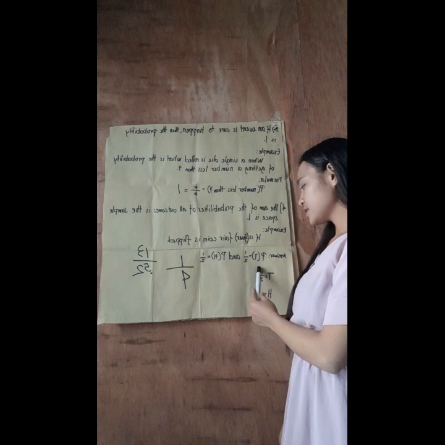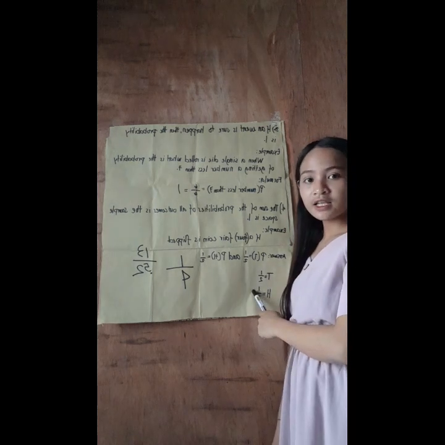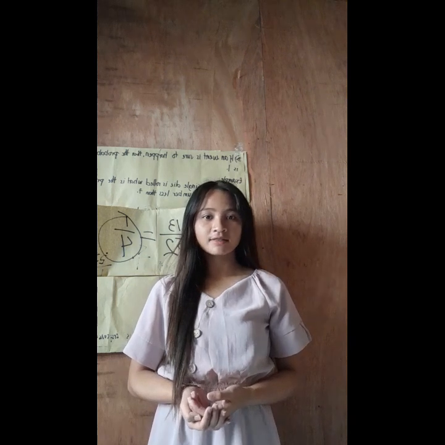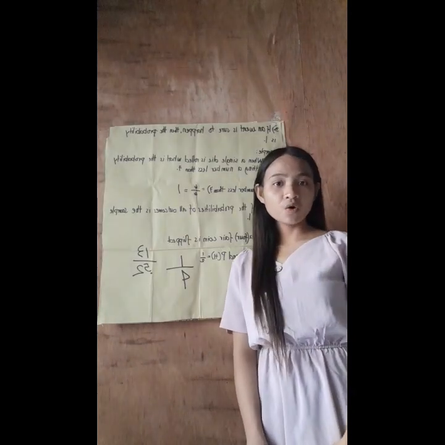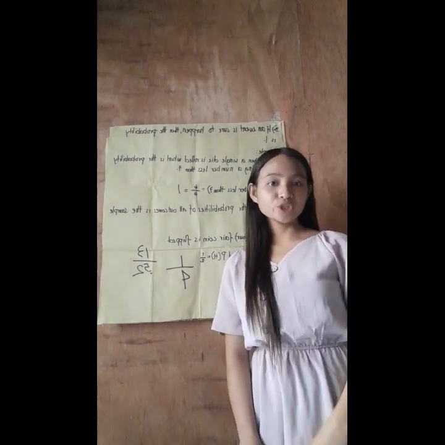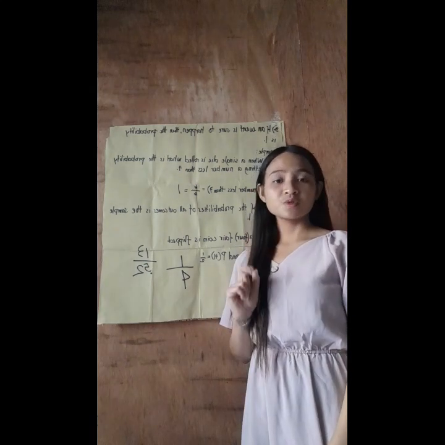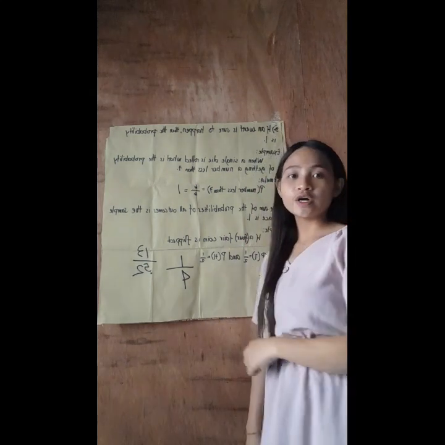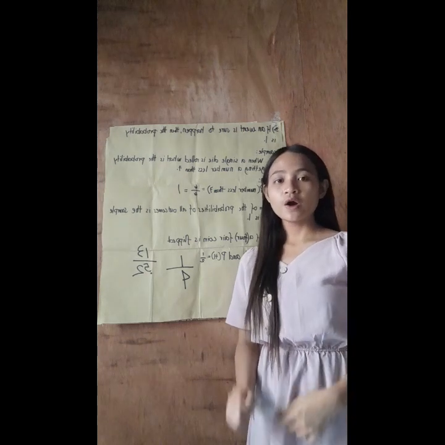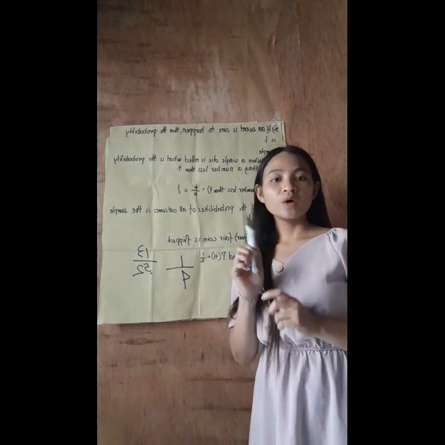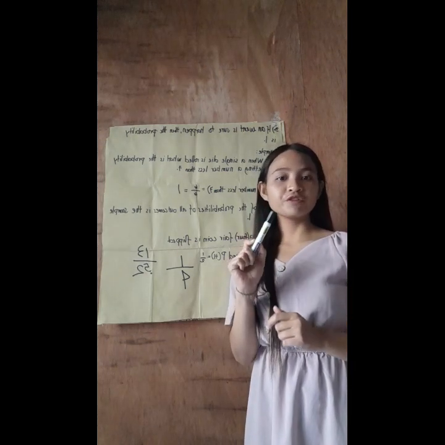T is symbolized for tail while H is symbolized for head. After flipping a coin, we are not really sure if the outcome will be head or tail. So our answer will be 1/2 or 50%.